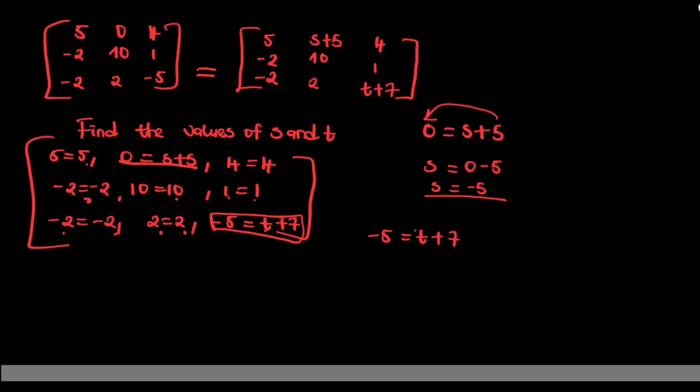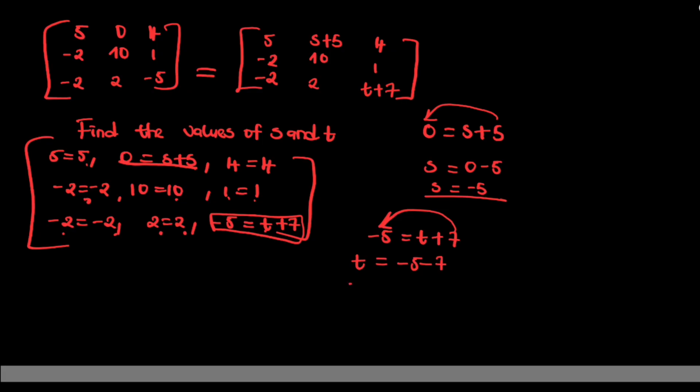We simply solve for t in this equation. So we send this way. So you have t equal to minus 5 minus 7. So t is equal to minus 12. And that is that.